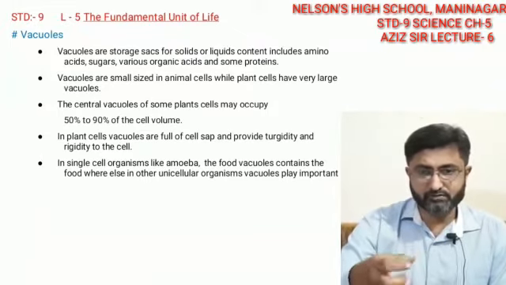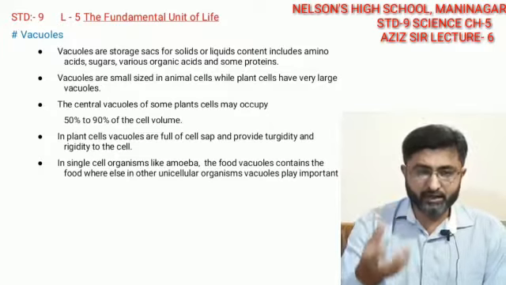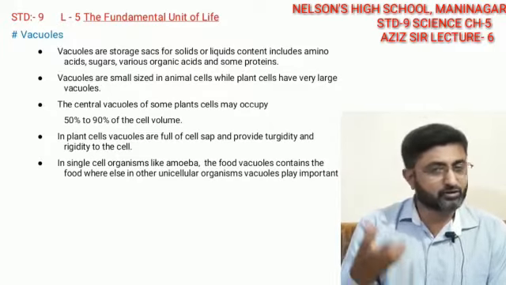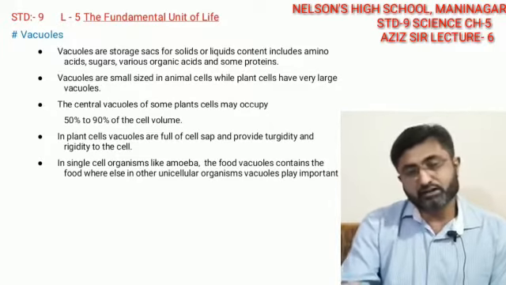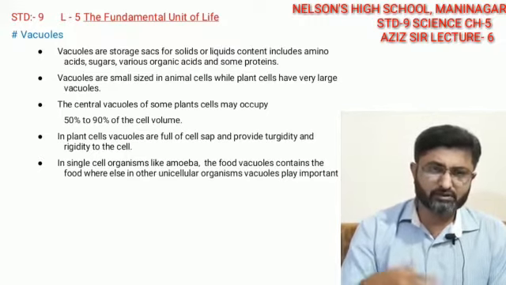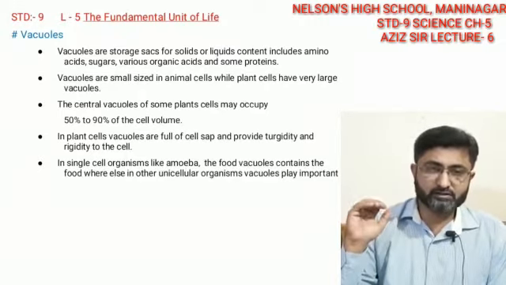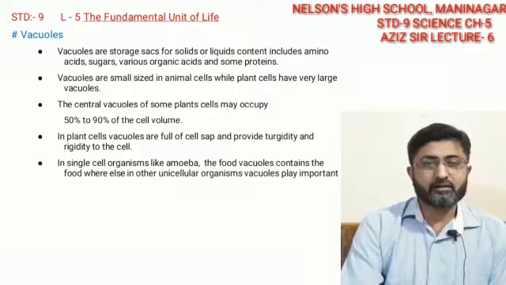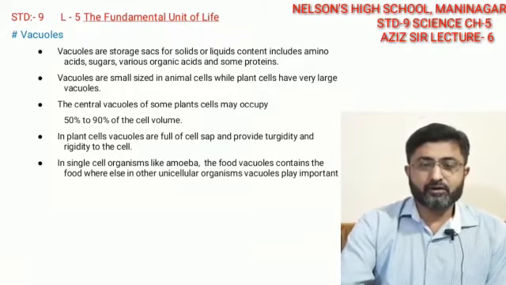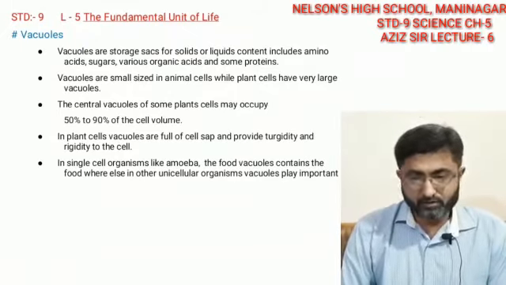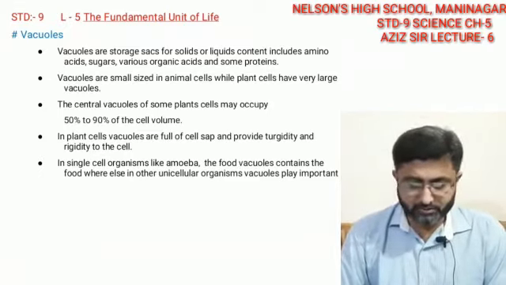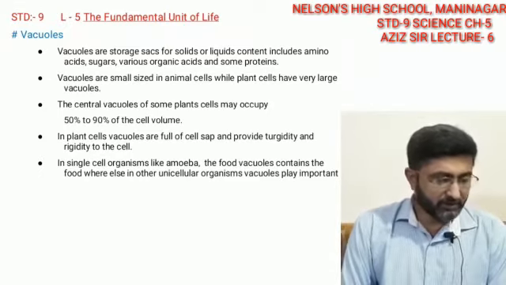All of the waste products made by these single-celled animals, or in the case of a plant cell, are thrown back inside the vacuoles. That means you can say it's a supply of food, and also an area where the waste materials are thrown back. So both of these things happen by the vacuoles. Fine. Thank you.